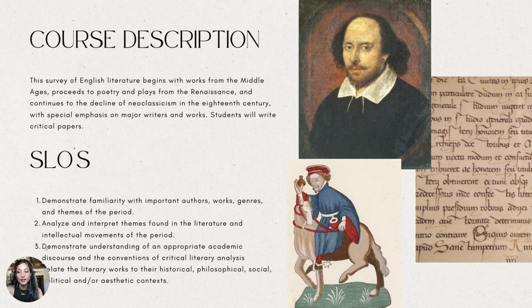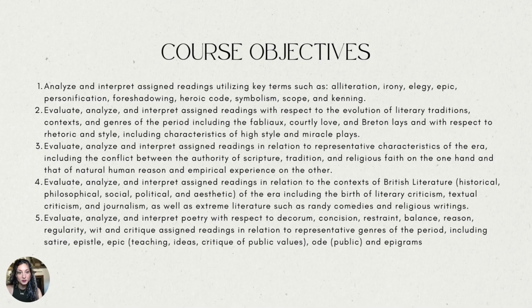Basically, it's a big time span focusing on English literature, and we'll be going over a bunch of the major works and authors: poetry, plays, no novels, I don't think, but mostly poetry, plays, essays, religious texts, and stuff like that. The SLOs, if you're interested, are here, and let's move forward.